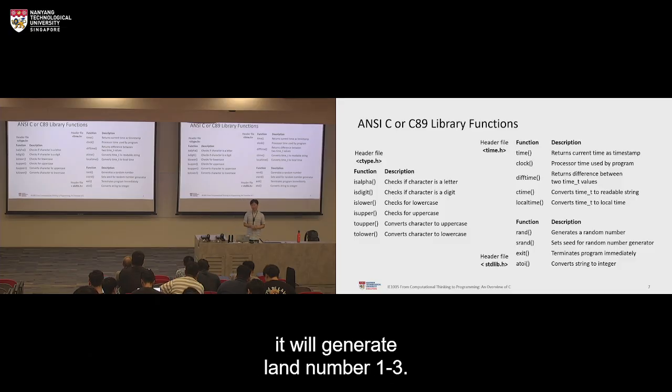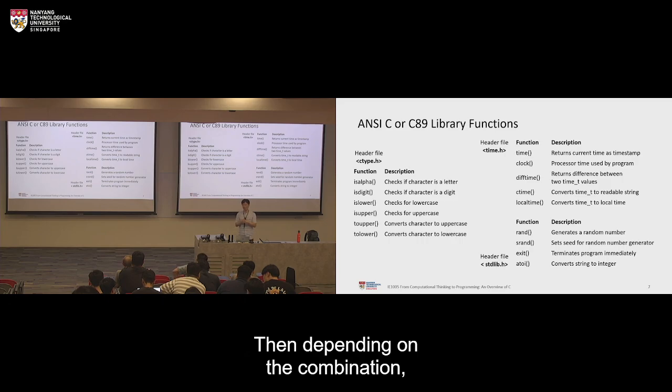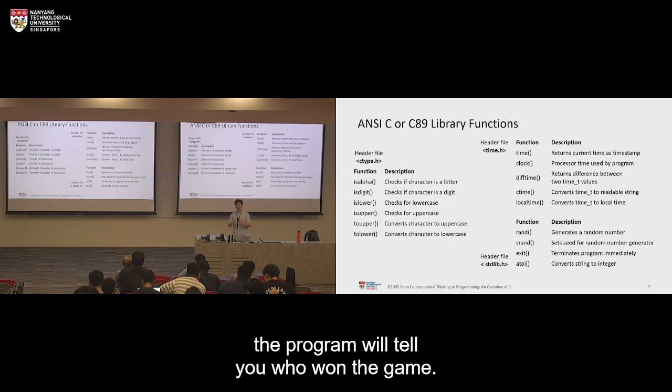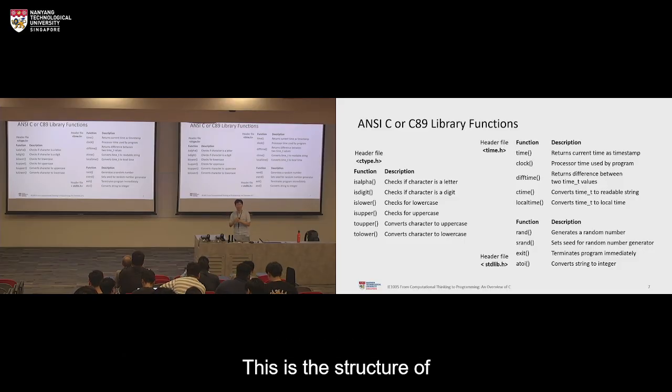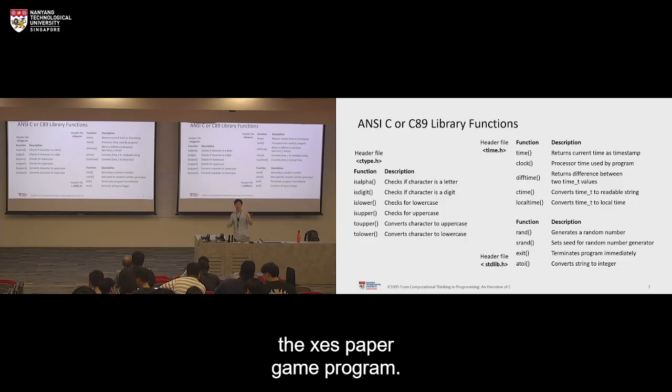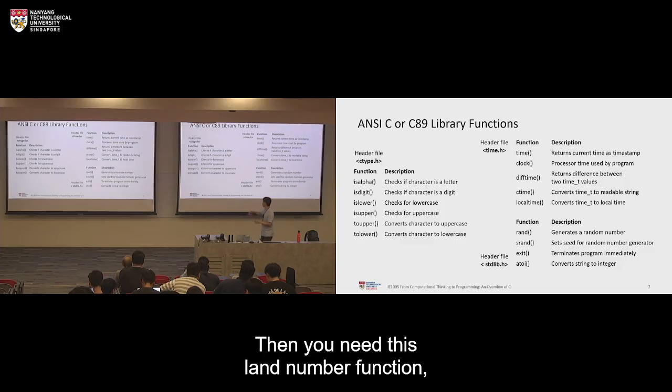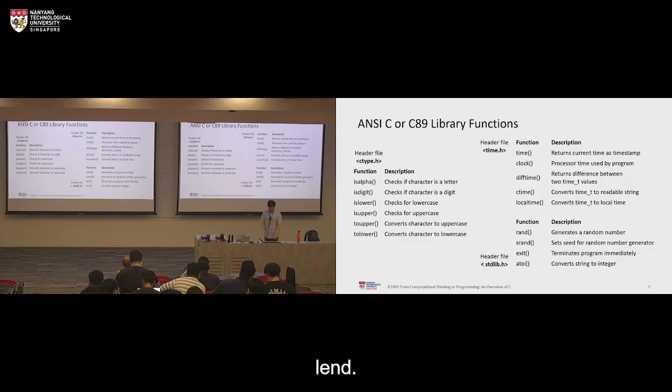The computer will generate a random number between 1 and 3. Then you key in a number between 1 and 3. Then depending on the combination, the program will tell you who won the game. So this is the structure of the rock, scissors, paper game program. Then you need this random number function, rand. You will learn more detail in week 3.